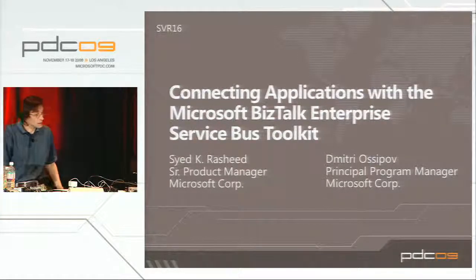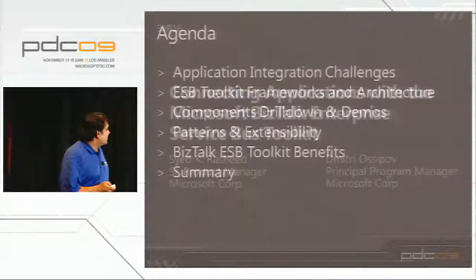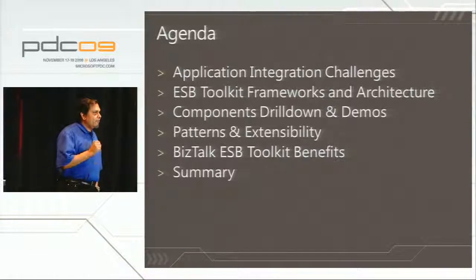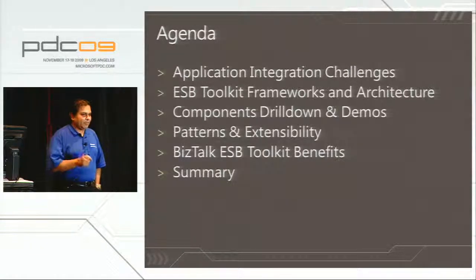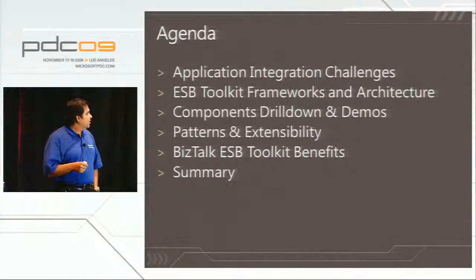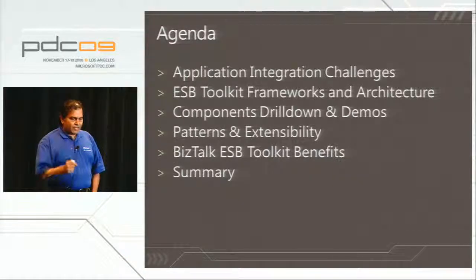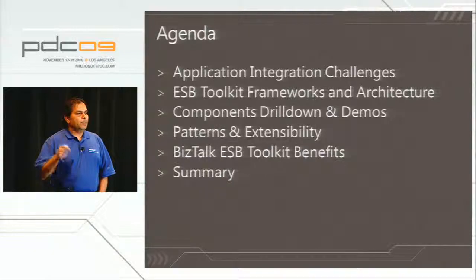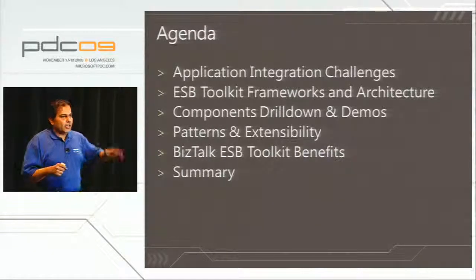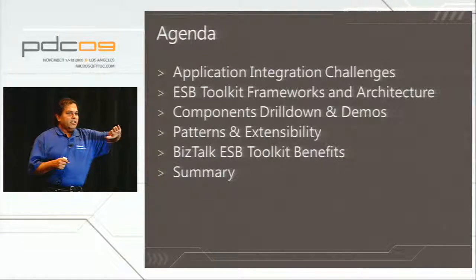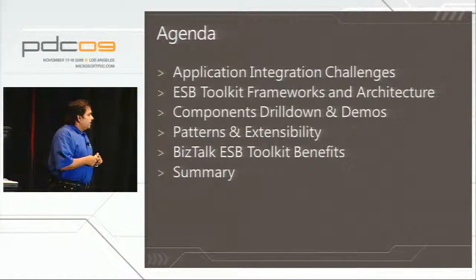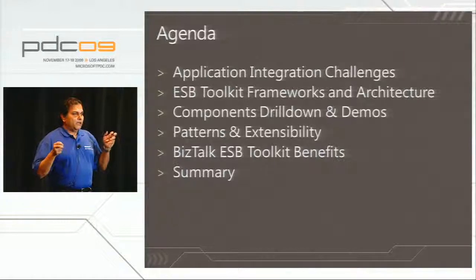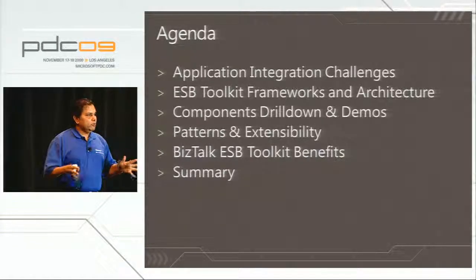All right. Thanks. So basically, our agenda is very briefly, we recap the application integration challenges. We'll make an introduction of BizTalk ESB Toolkit components and its architecture and how it lays over the BizTalk architecture. And then we will drill down into each component. We have lots of demos to show.